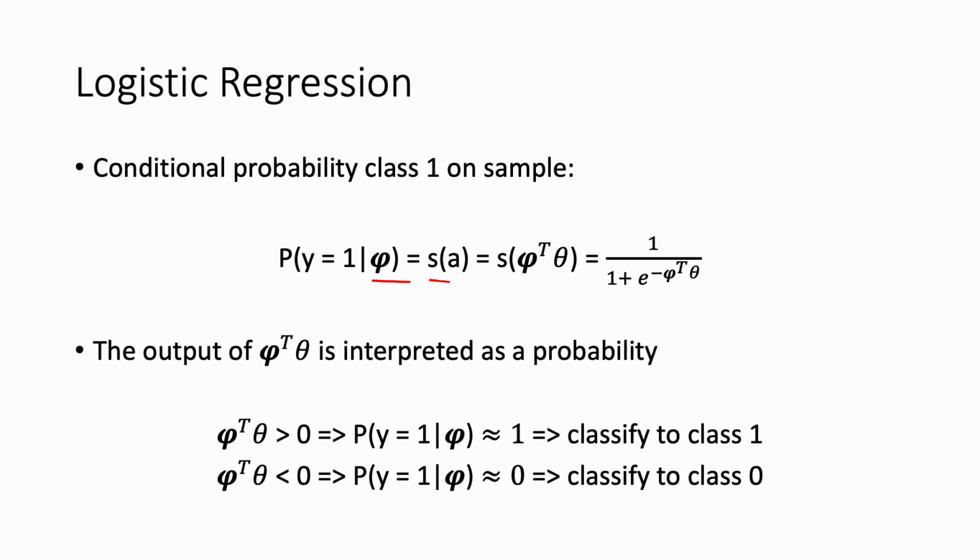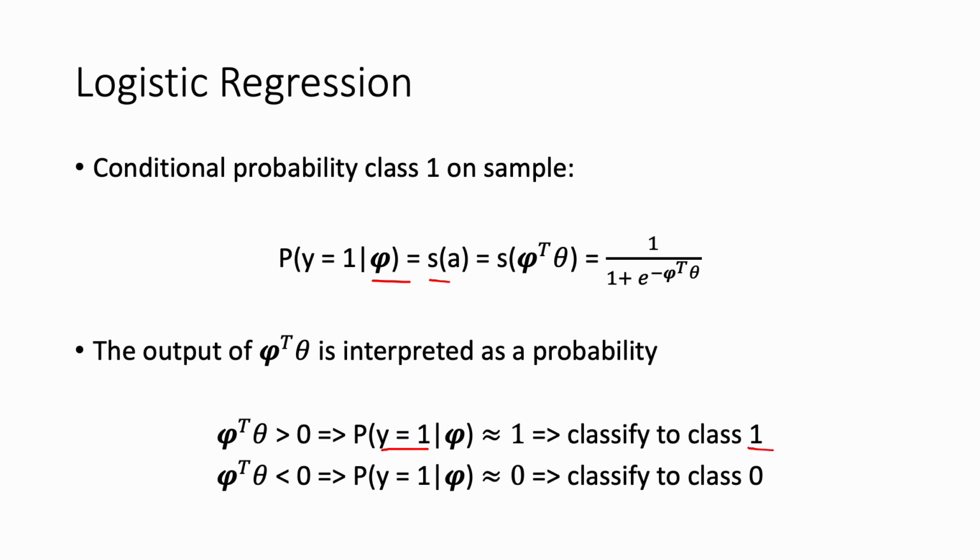So when theta multiplied by phi is greater than 0, the probability of y equal to 1 is approximately 1, so we classify the sample as plus 1.